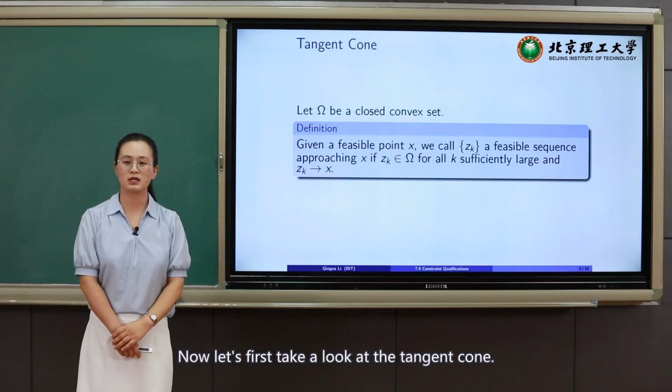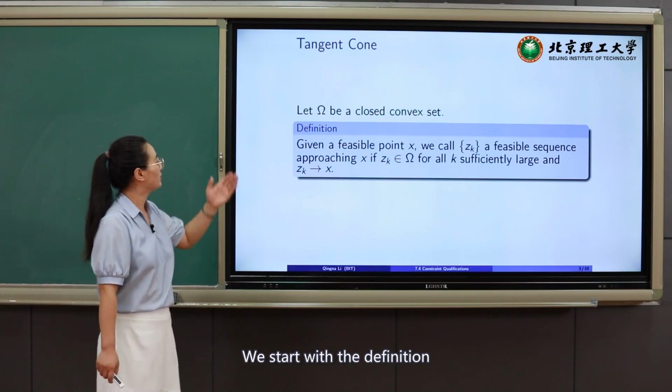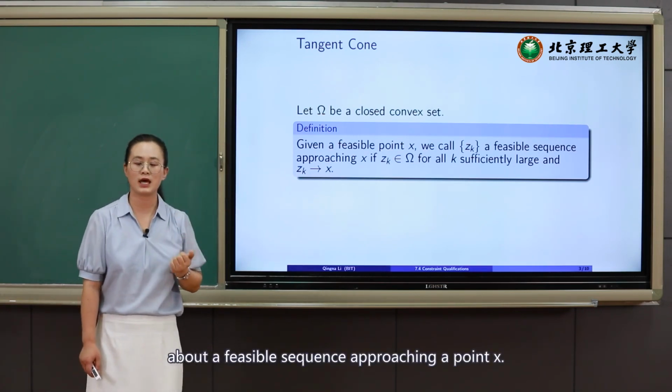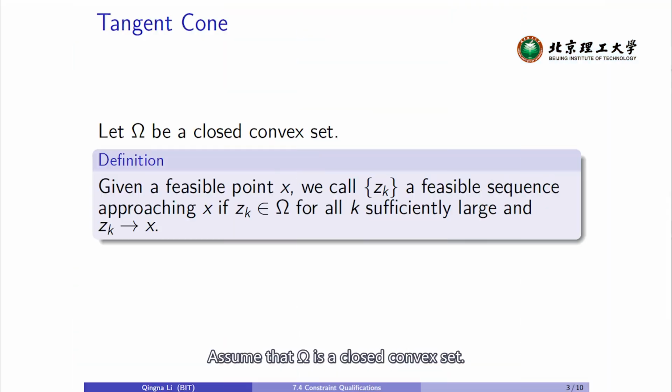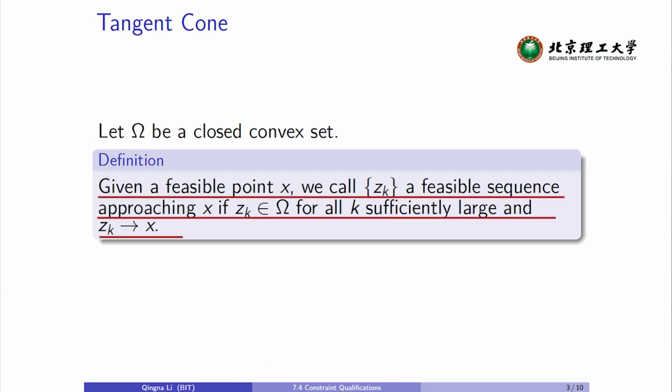Now let's first take a look at the tangent cone. We start with the definition of a feasible sequence approaching a point x. Assume that omega is a closed convex set, and we are given a feasible point x.